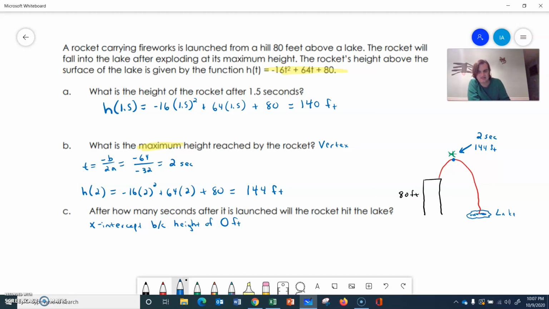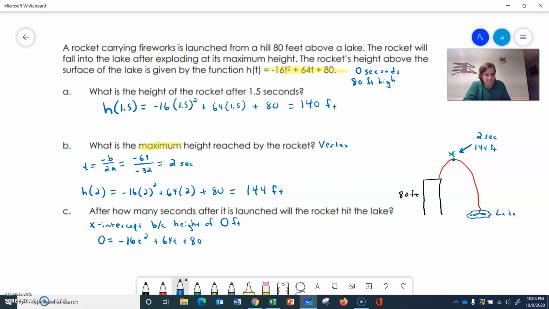So at 0 seconds, the function tells us we were 80 feet high. Calculation says at 1.5 seconds we were 140 feet high. After 2 seconds we were as high as we'll go at 144 feet. So we're going to take our function and set it equal to 0 to find out when it hits the ground. So 0 equals negative 16t squared plus 64t plus 80.